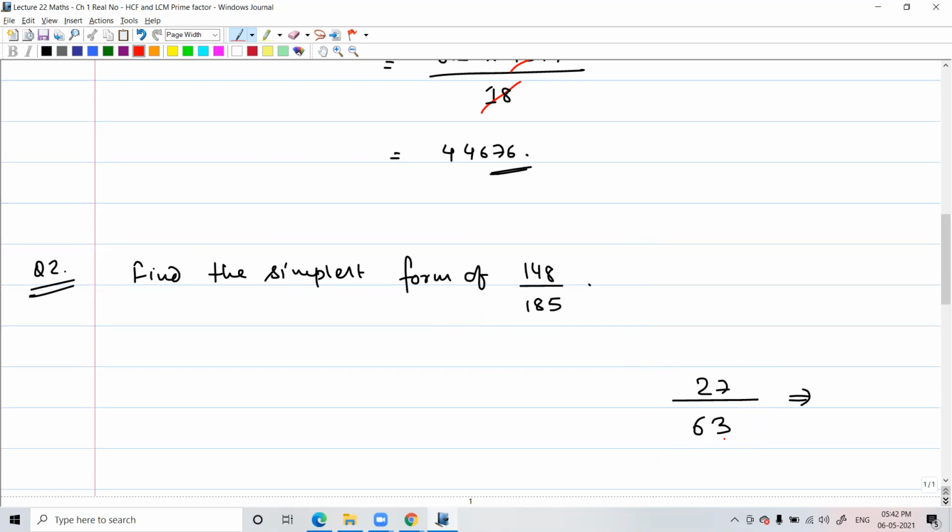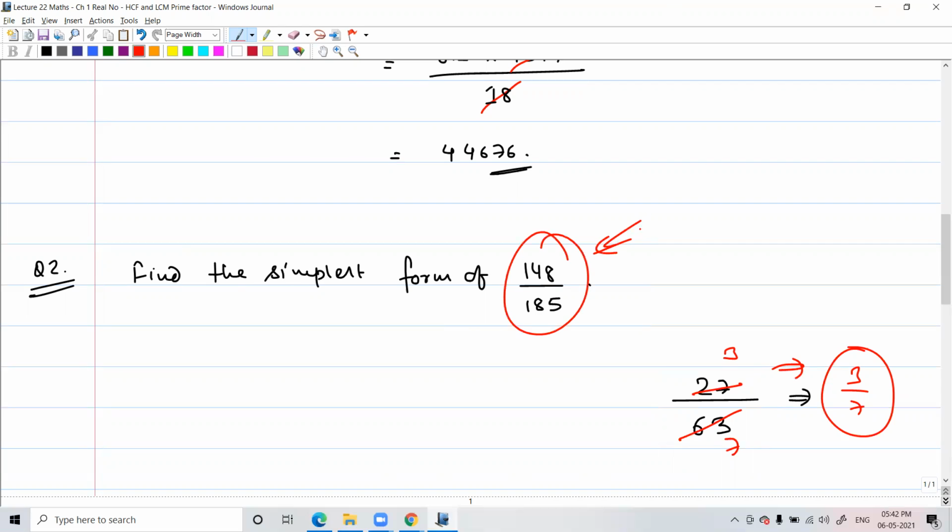So when you cancel the numerator and denominator with 9, what will happen? 9 threes are 27 and 9 sevens are 63. So it will become 3 by 7, right? When you did the division by 9, which was the highest common factor, you brought it to the simplest form. Same thing you have to do here also. Find the highest common factor and divide the numerator and denominator both, and you get your simplest form.